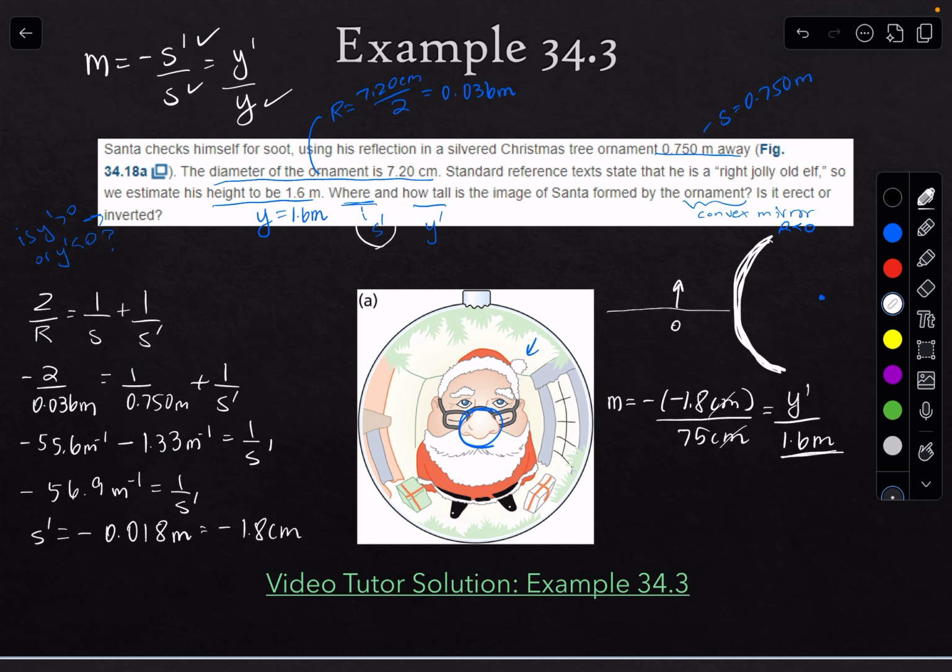All right. So the left-hand side, we're going to do 1.8 over 75. And that gives us 0.024. That's going to equal Y prime over 1.6 meters. So I solve for Y prime, which is 1.6 times 0.024.